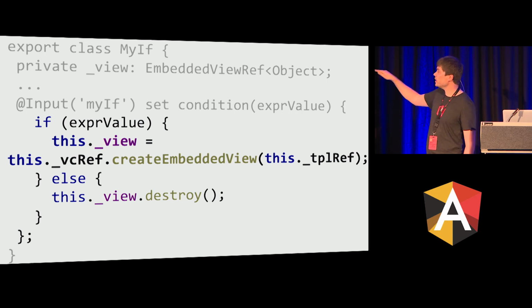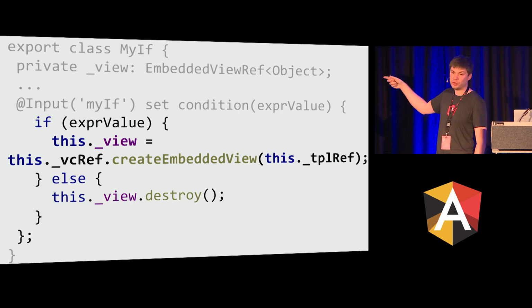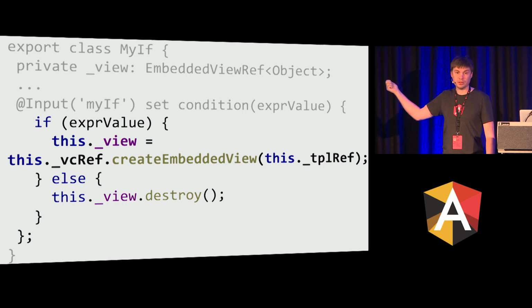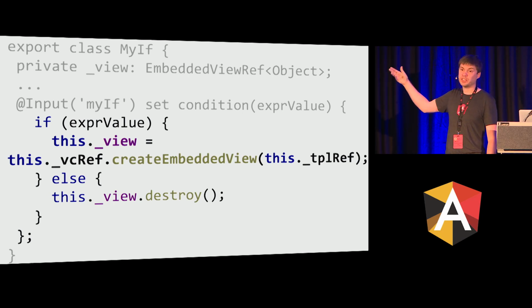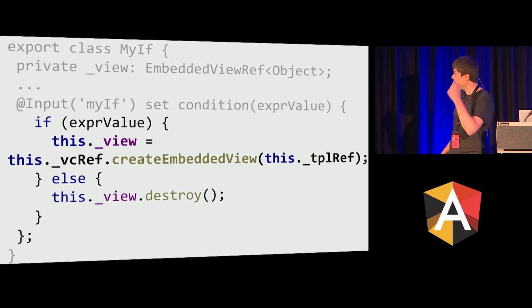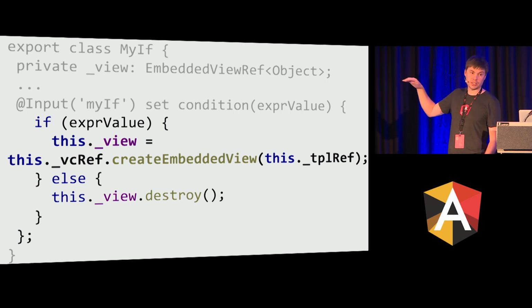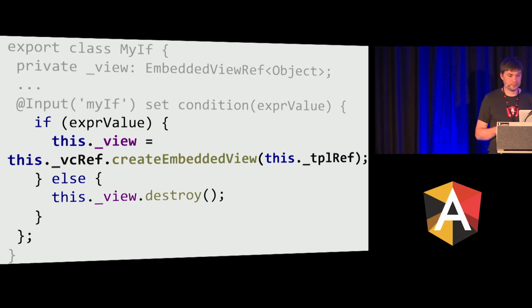I'm just saying ViewContainerRef, so this container for the views, create me an embedded view from the template reference. Notice that I don't have to move nodes around, because the ViewContainerRef is anchored at a certain point. And I don't have to mess with the change detection because ViewContainerRef does it for me. And if you go to the ngIf implementation in the Angular repository, it's not far off from this. It's exactly this code. So adding and removing the content dynamically from the template element is quite easy.